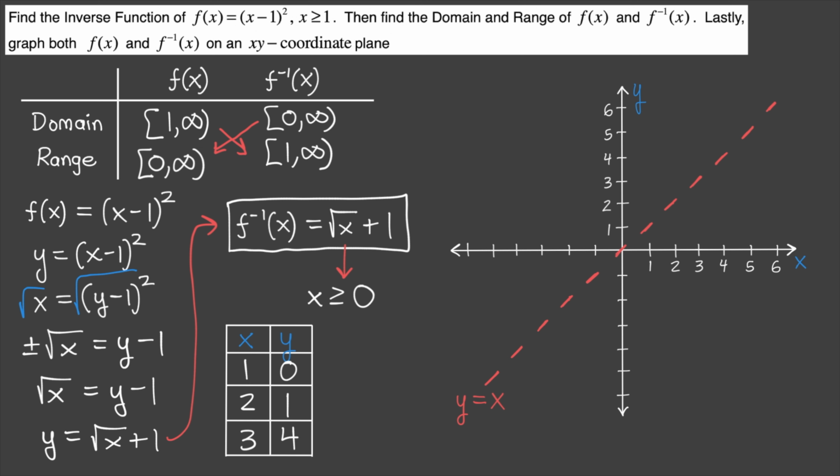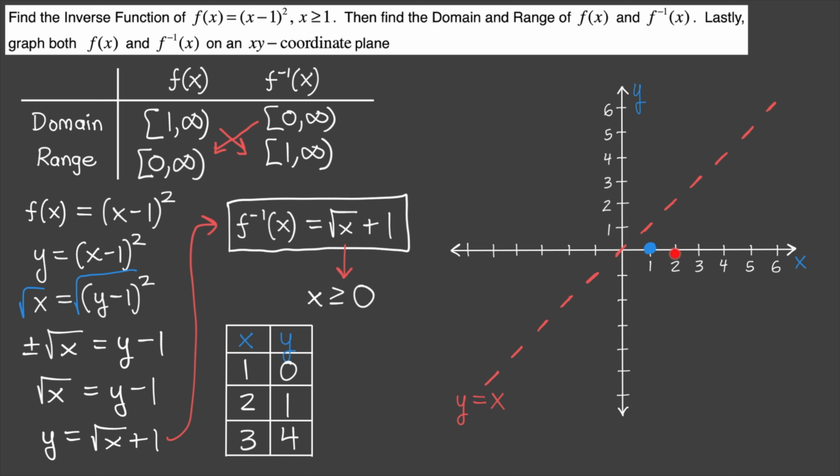All right, so let's go ahead and graph these points on our graph here. I'm going to graph this one in blue. So 1, 0, which means we just go right 1, up 0. So that's right there. That's our starting point for the parabola because they say x is greater than or equal to 1. So that's going to be the very first point on this parabola. And then we'll do 2, 1.